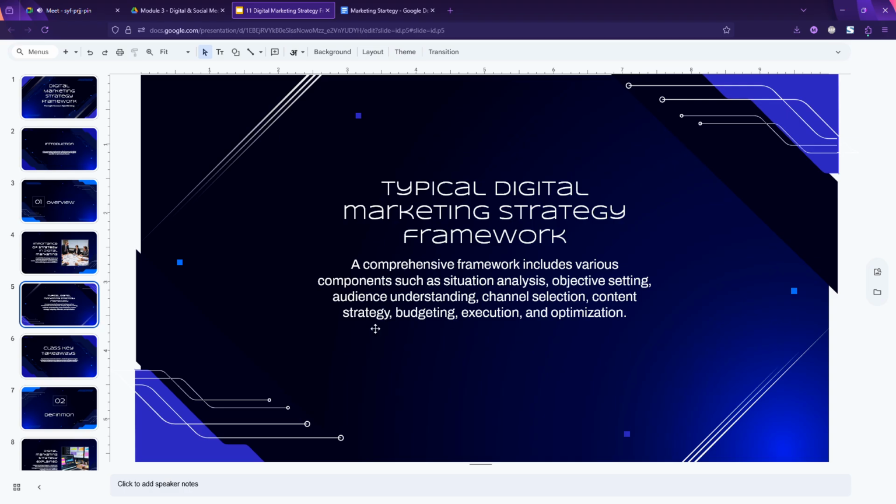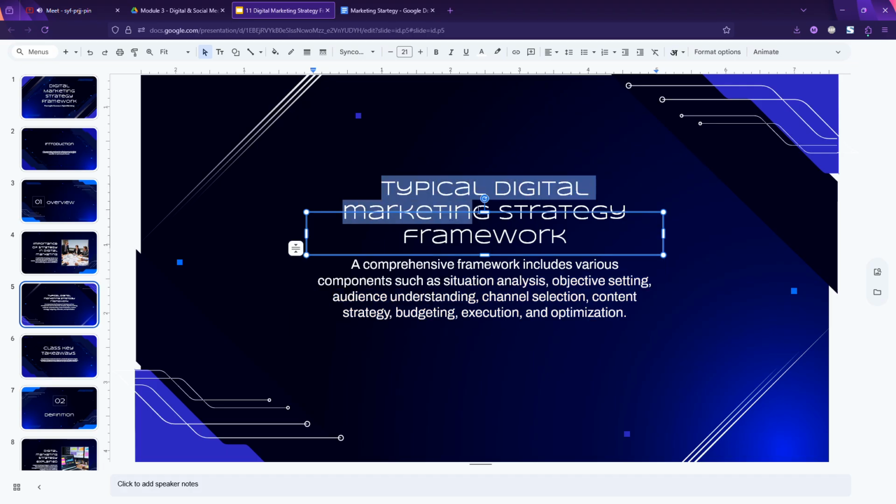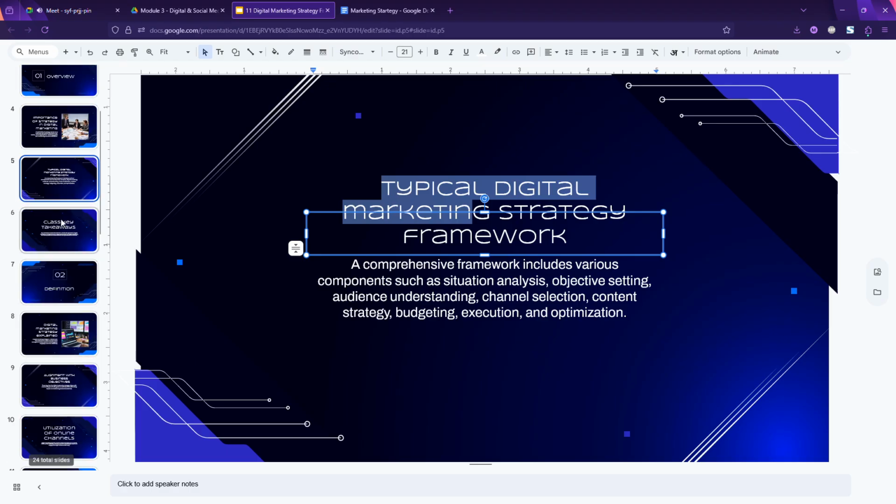So the pipeline is different from company to company, but this is the typical digital marketing strategy framework. If any one of you has any question.